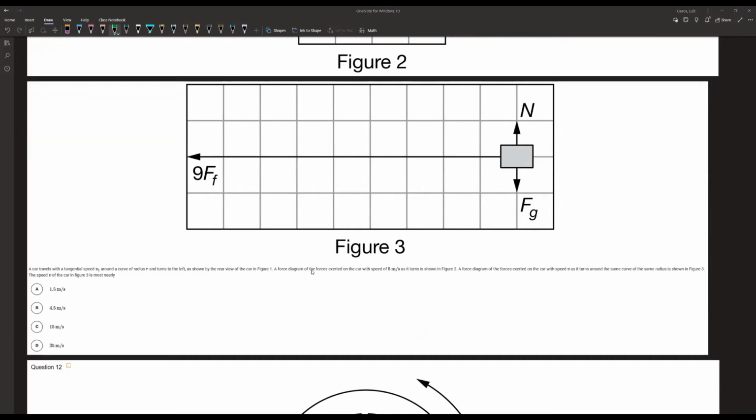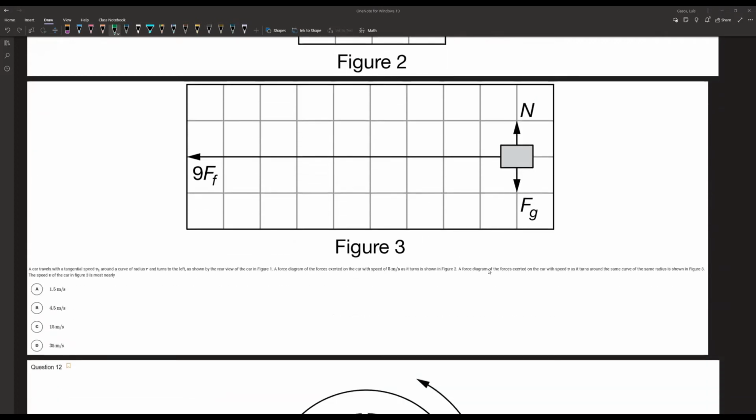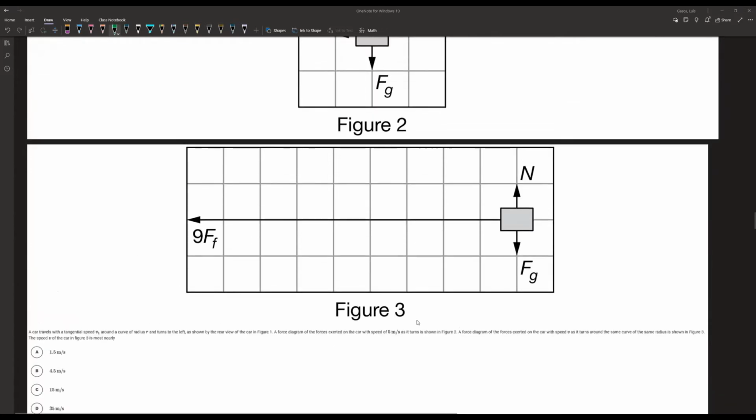A force diagram of the forces exerted on the car with a speed of 5 meters per second as it turns is shown in figure 2. A force diagram of the forces exerted on the car with a speed v as it turns around the same curve of the same radius is shown in figure 3. The speed v of the car in figure 3 is most likely.